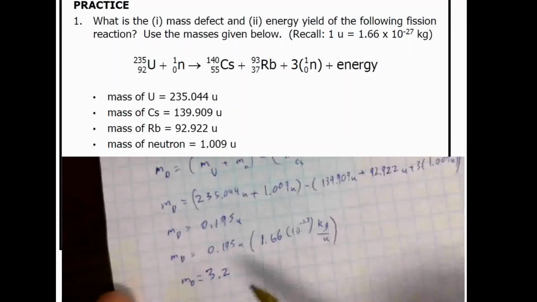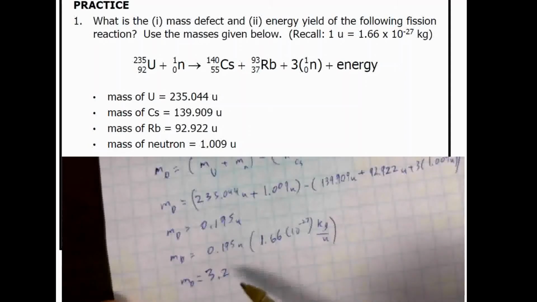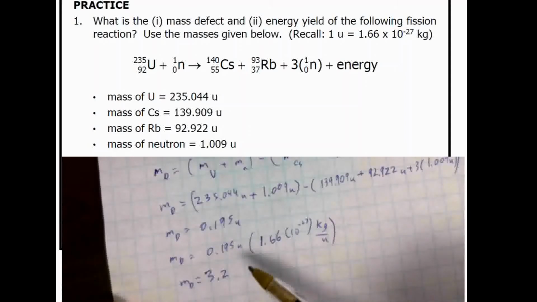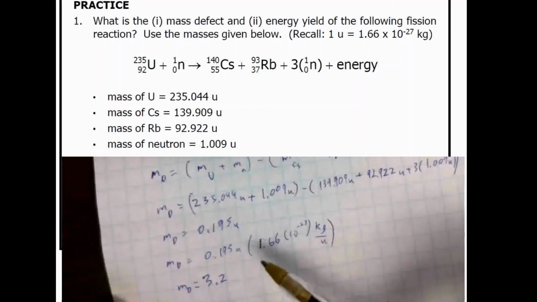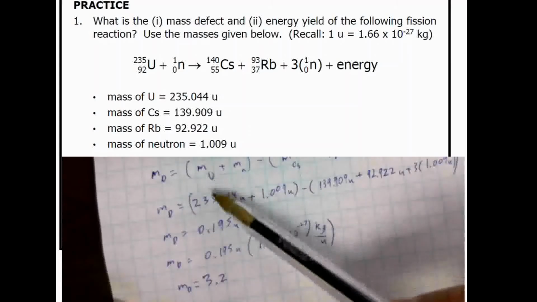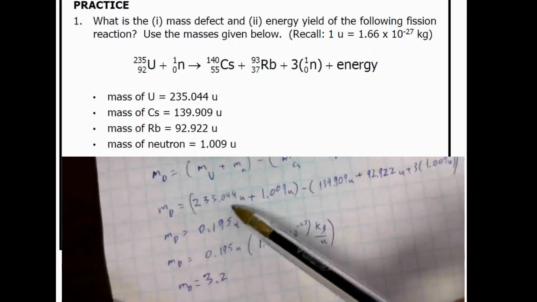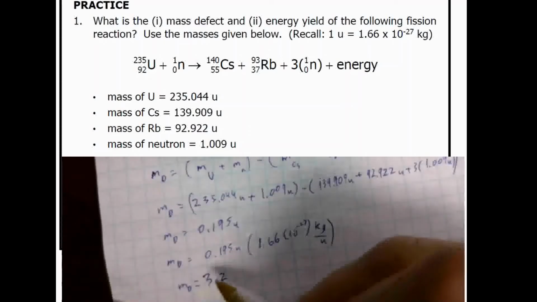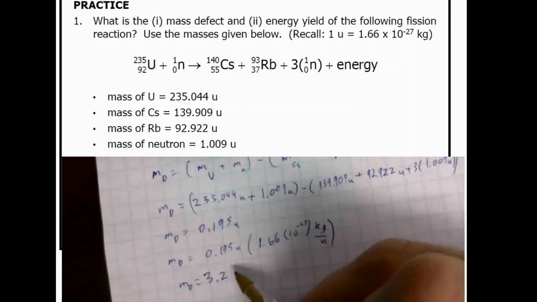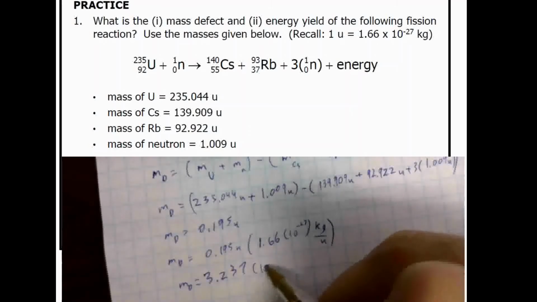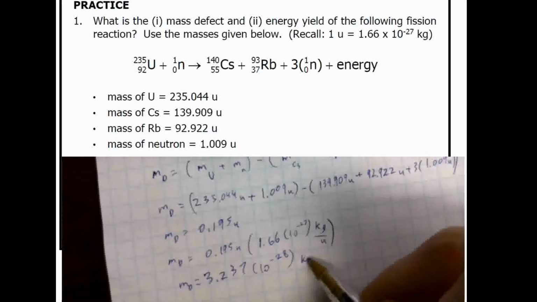However, because these questions require a fair deal of accuracy when we're working later on, what I want you to do is report your answers using up to 4 significant digits. So this is going to be 3.237 times 10 to the negative 28 kilograms.